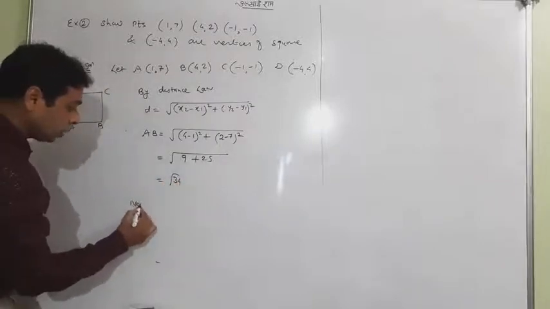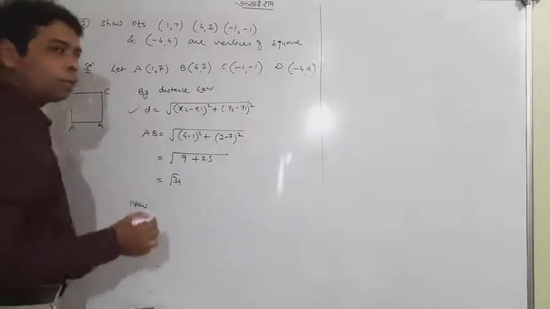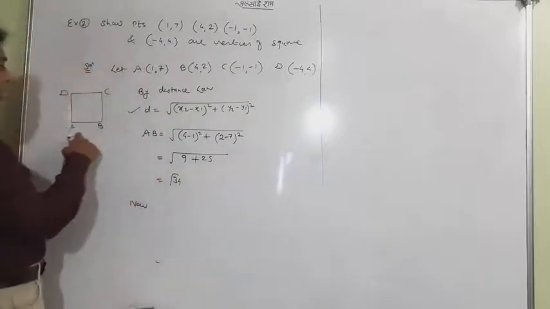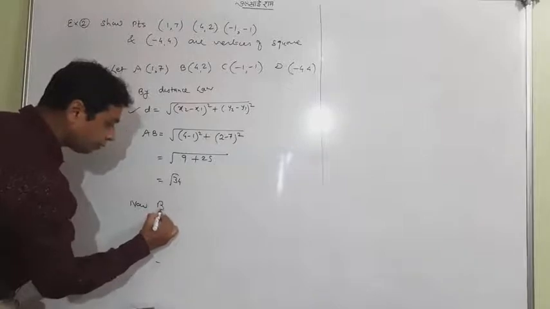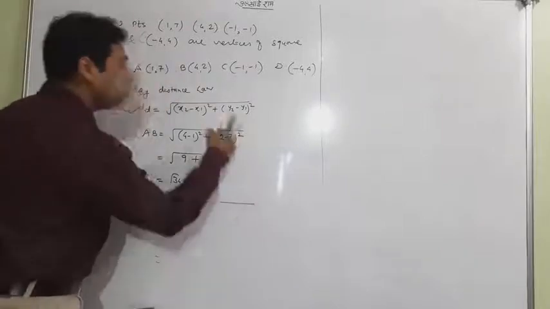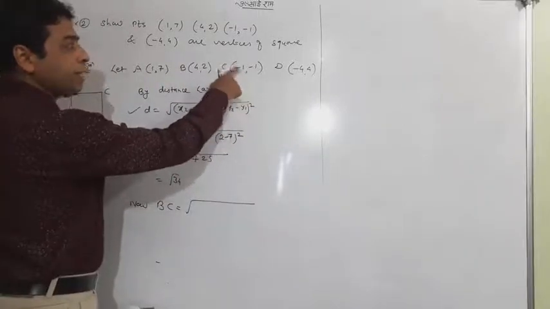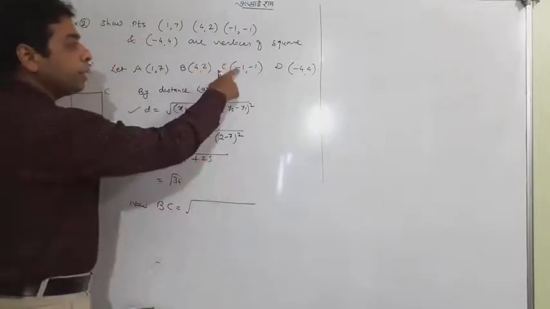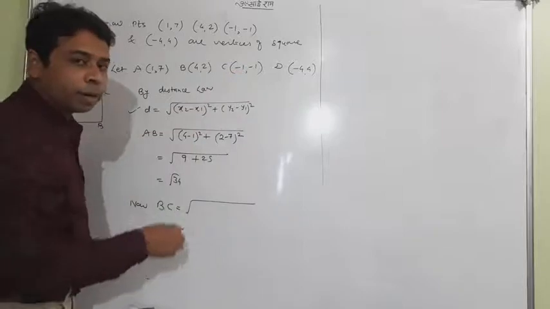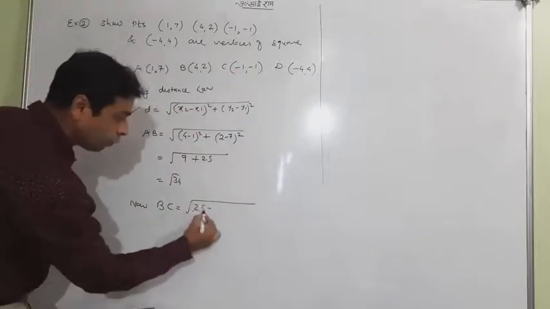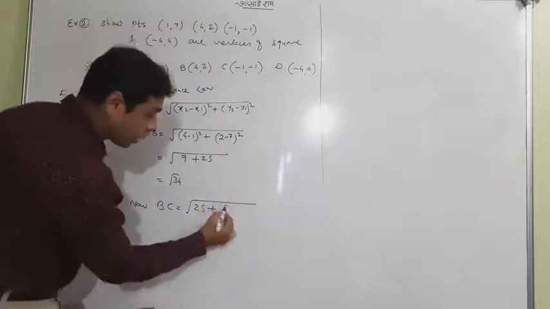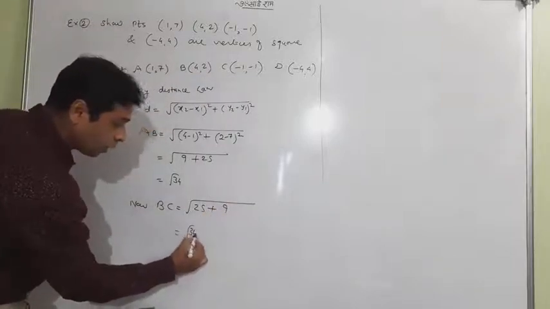Now similarly, we need not write the formula again and again. One time writing is sufficient. So after AB, I am going to find BC. For B and C, treat them as x2 minus x1 and try to write it directly now. -1 minus 4 is -5, square 25, and -1 minus 2 is -3, square 9. So your answer is 34.